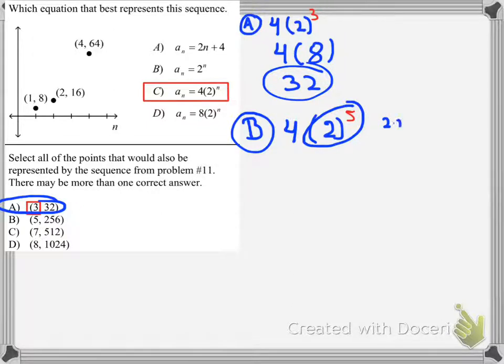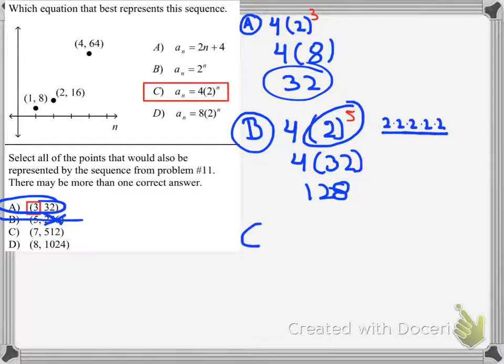That's 4, 8, 16, 32. So it gives me 4 multiplied by 32. That gives me 128. It's not 256. So therefore, B is not the answer.